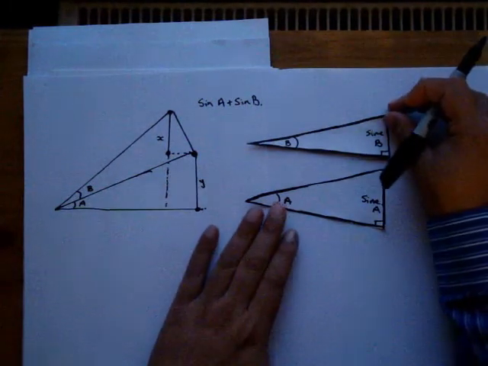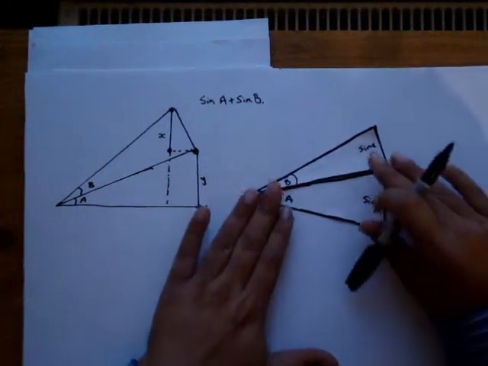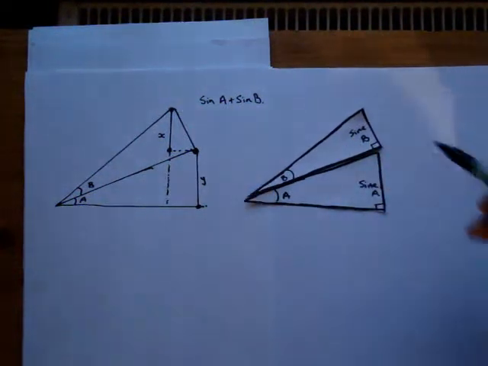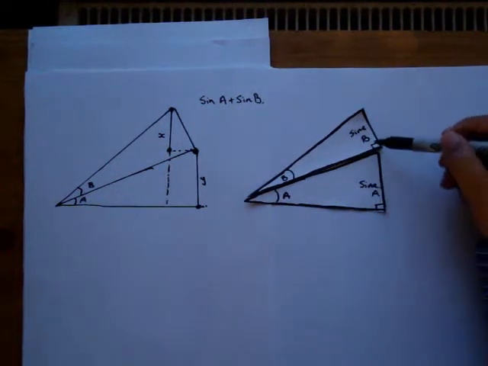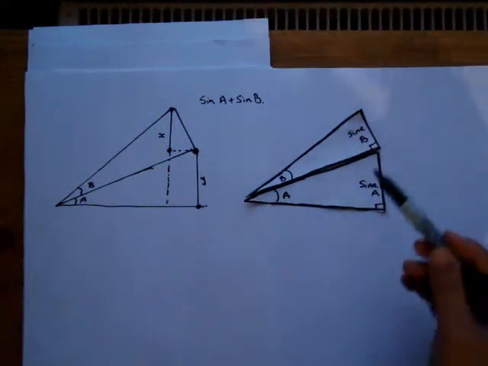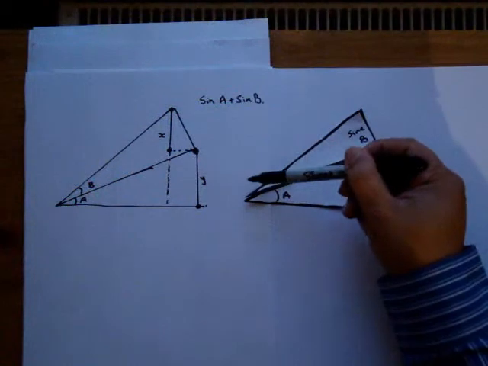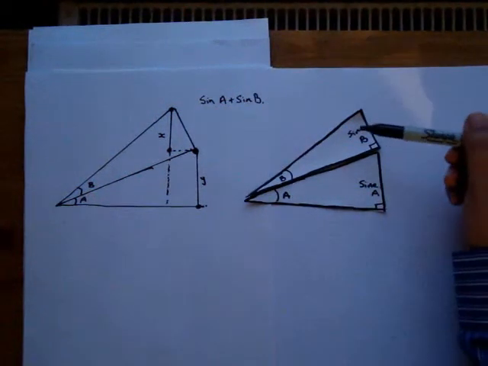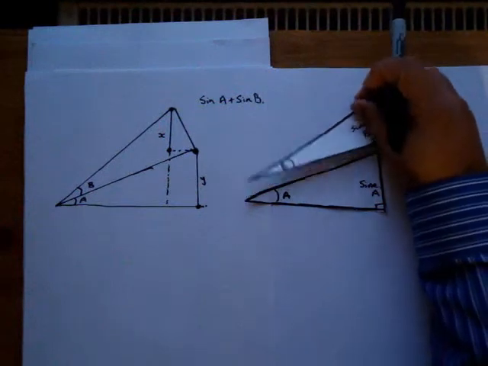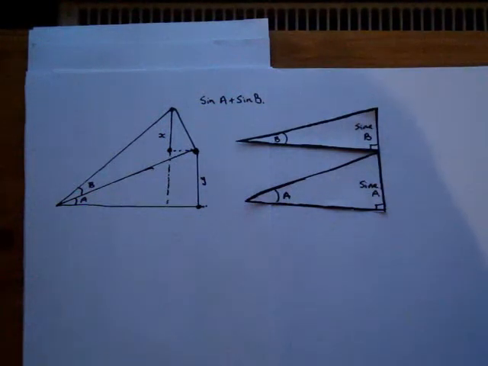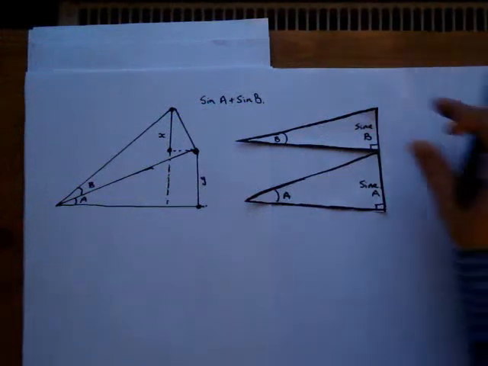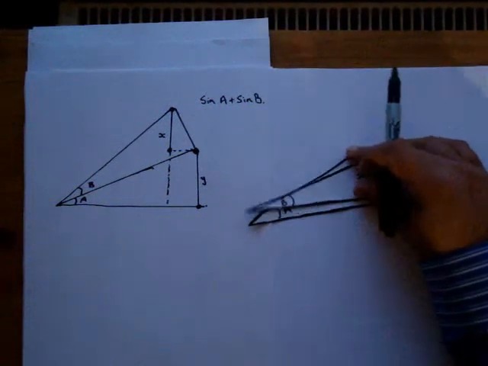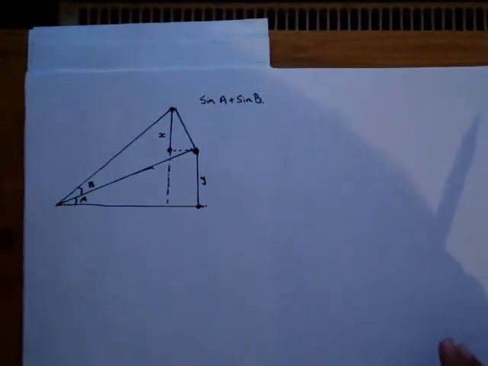As you can see, if we combine them like so, the sines of the two triangles, the sine of A and the sine of B, when projected onto the y-axis, would not be the same as sine A plus sine B. So how can we make a formula to work out the sine of A plus B?